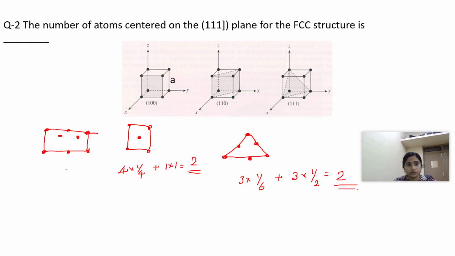So how many atoms will be there in total? It will be 4 into 1 by 4, plus 2 into 1 by 2, the face atoms, plus 2 into 1. So it will be a total of 4 atoms within the cell. So this will be the answer for it.